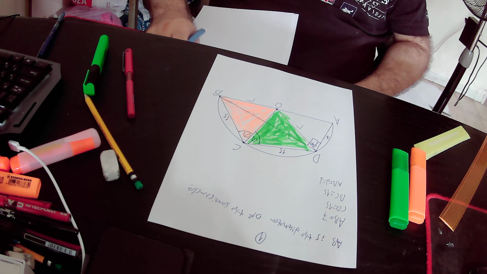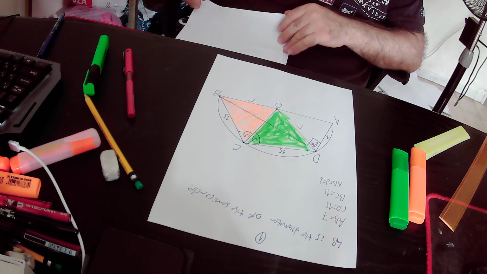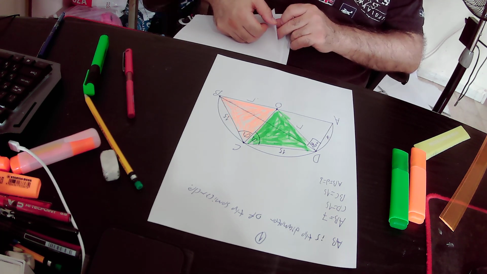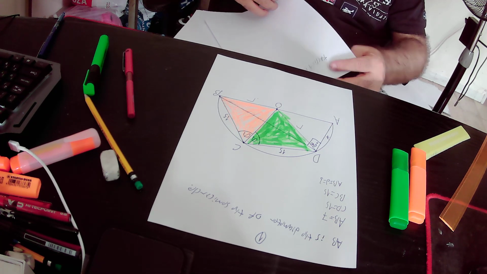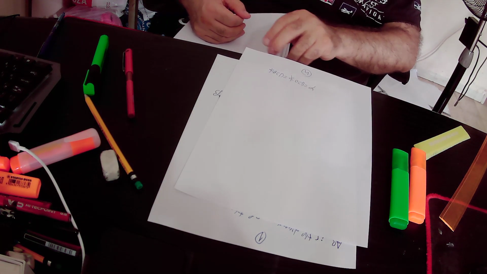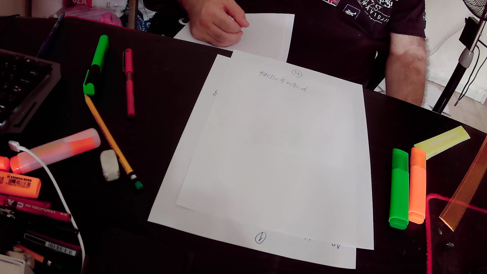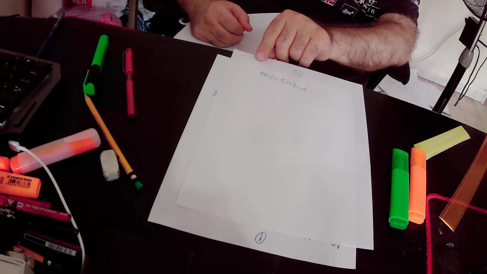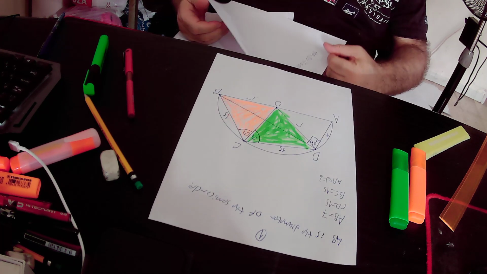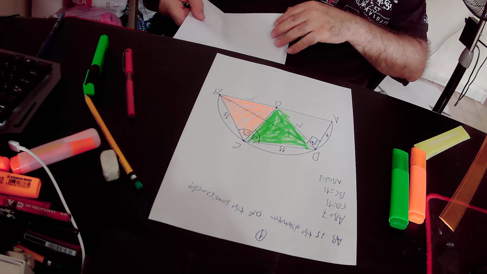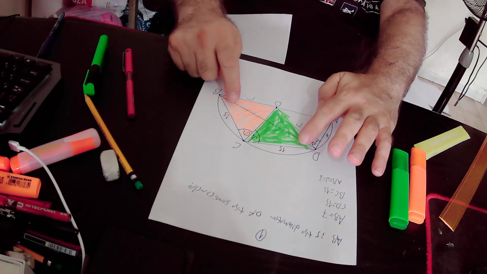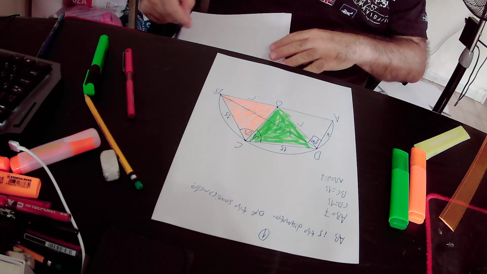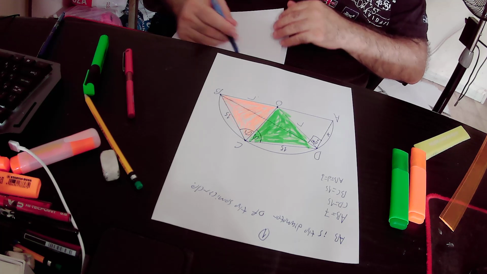So again, angle OCD is equal to angle OCB, and both those two angles are equal to alpha according to our definition. Okay, in the next step we will focus on triangle DCB, this triangle.